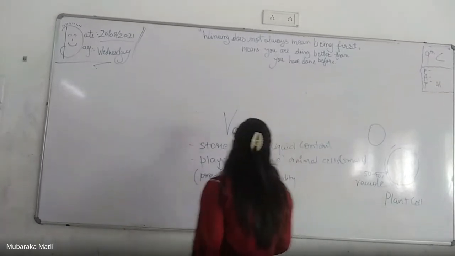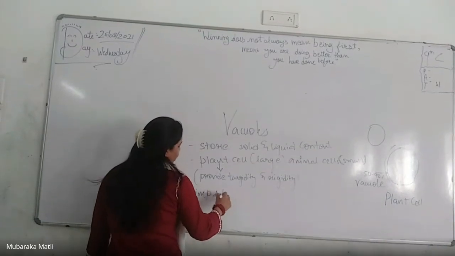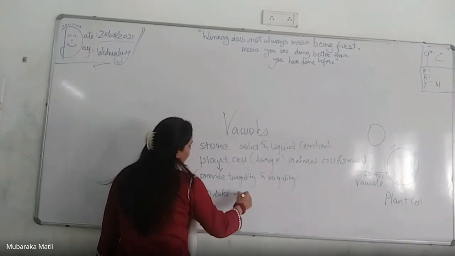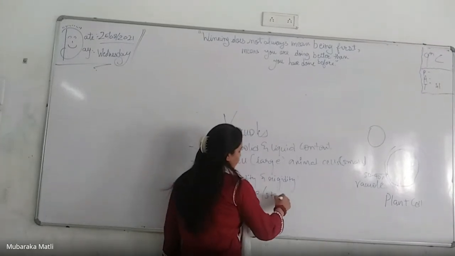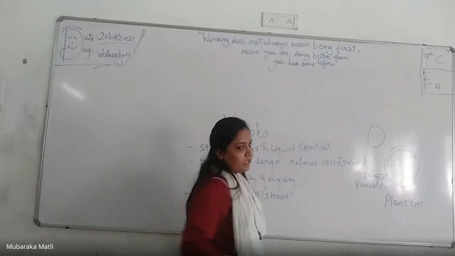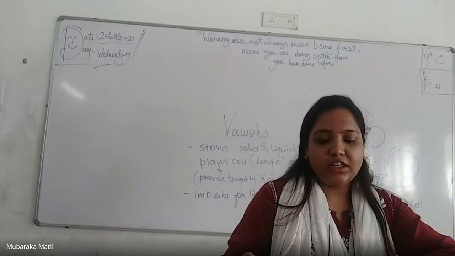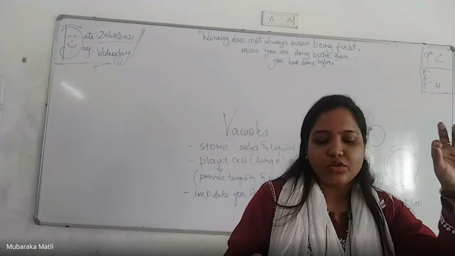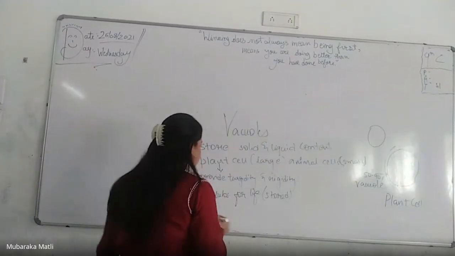Many substances of importance in life of the plant cell are stored in vacuoles. Important substances for life are stored. Okay? These include amino acids, sugar, various organic acids, and some proteins.